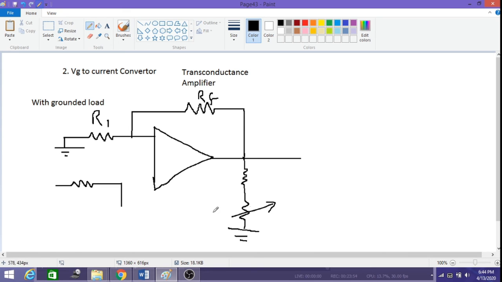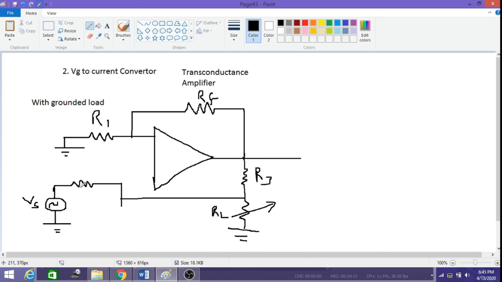So this is our load resistor, let me call this RL, and this is another resistor R3, and this point is connected here.